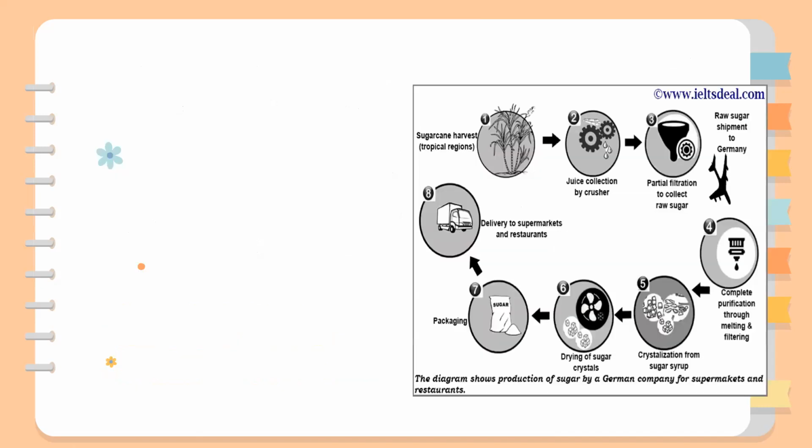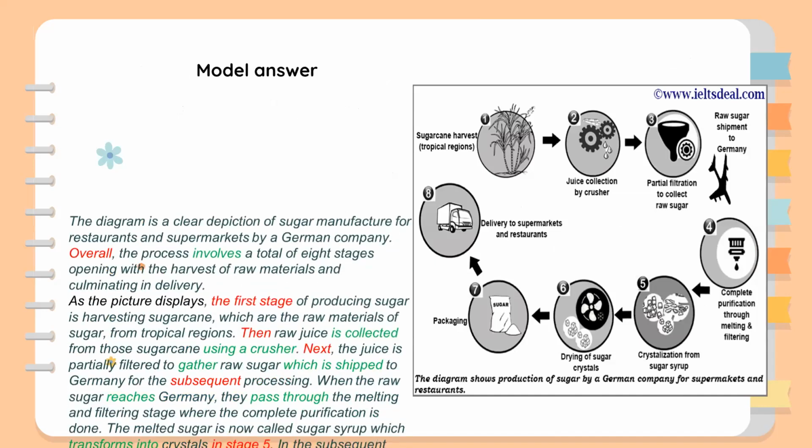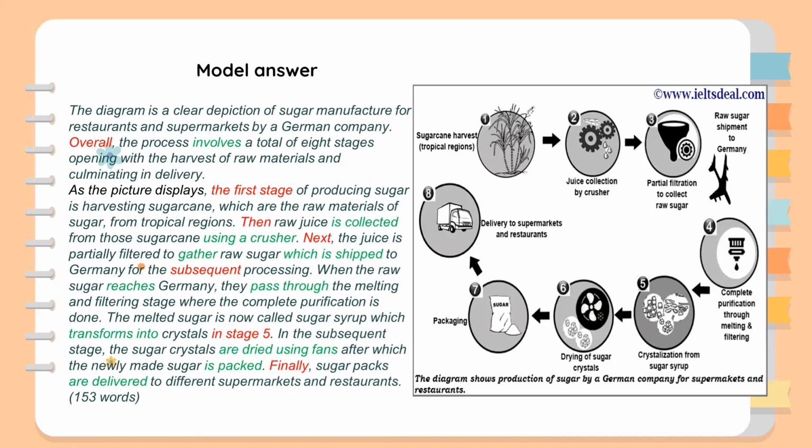Okay, so this is a model answer. It includes a longer overview, as Nguyen recognized before. Also, it includes connectors like the first stage, then, next. I mean, it contains a wide range of connectors that is so useful in writing task 1.